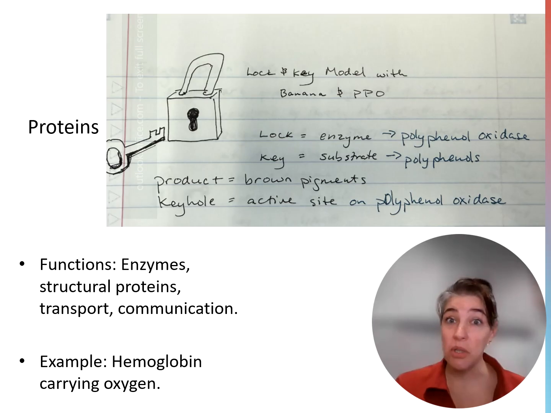They build structures like muscles, they transport molecules like oxygen, that's hemoglobin's job, and they speed up chemical reactions when they're enzymes. So proteins' shape, that's a key component here. Just like with our enzyme talk where we had that lock and key model, proteins' shapes are important. If a protein is folded wrong, it doesn't work. That's why we say structure determines function.